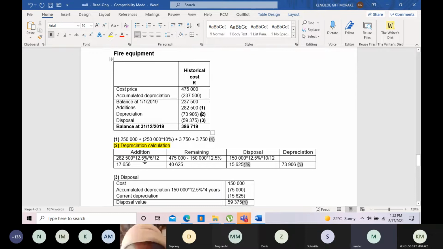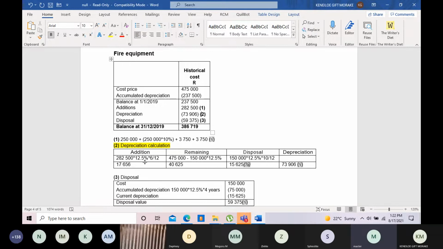This year, it was there from July up until December. So when you are counting, you count July, August, September, October, November, December, that's 6 months. So 282,500 multiplied by 12.5%, multiplied by 6 over 12. You're going to get 17,656.